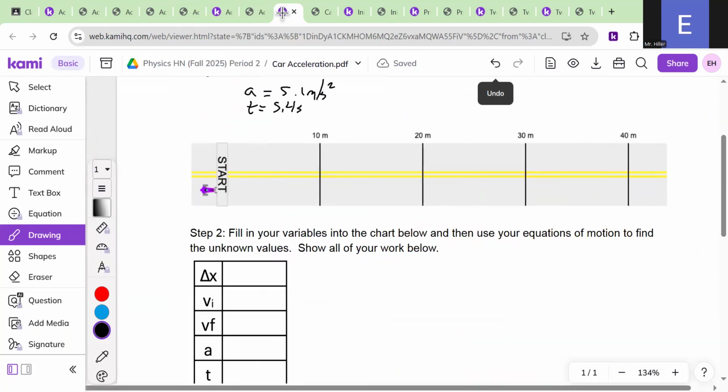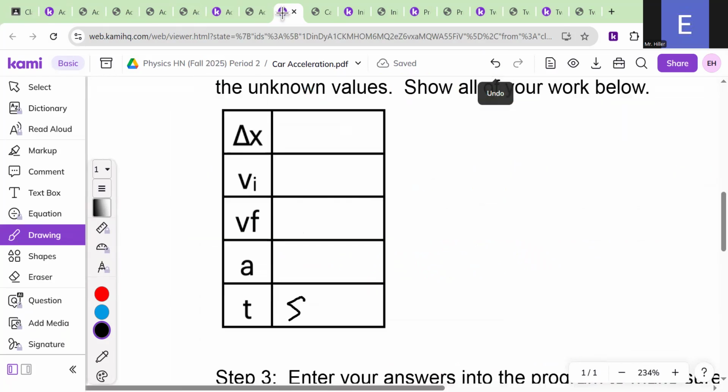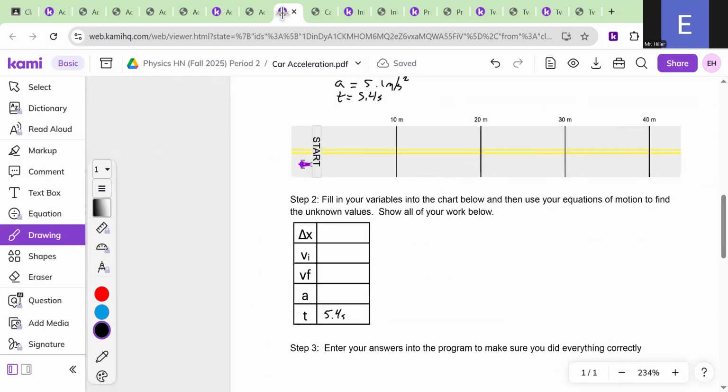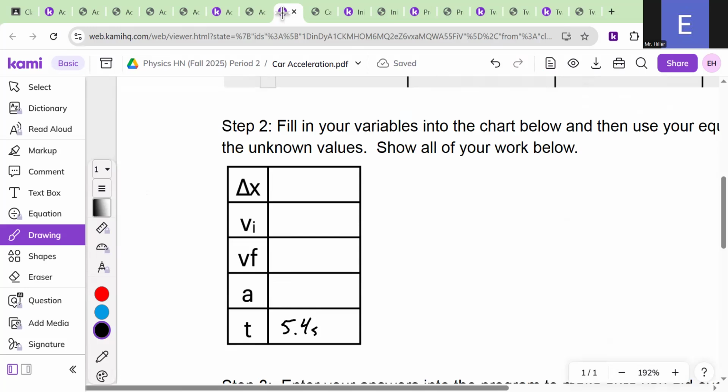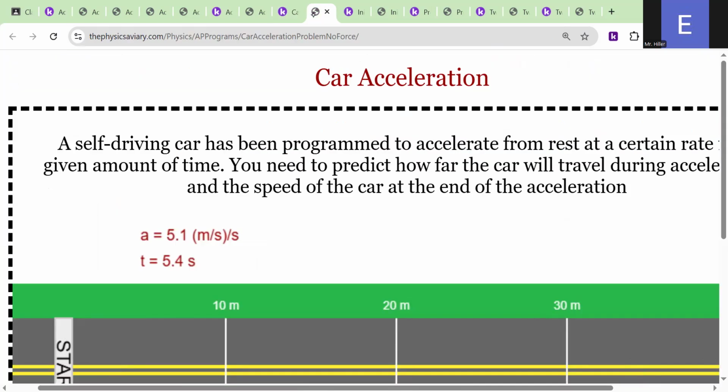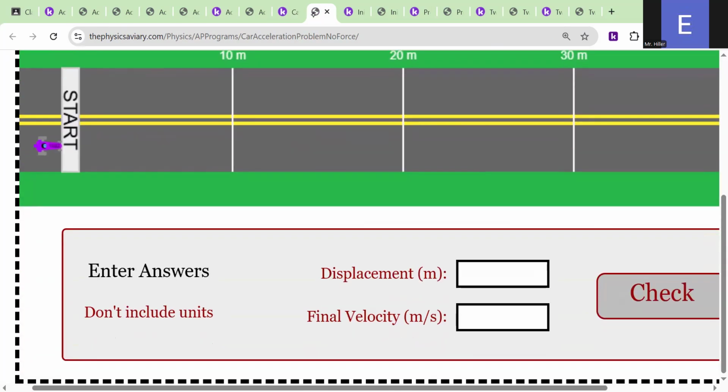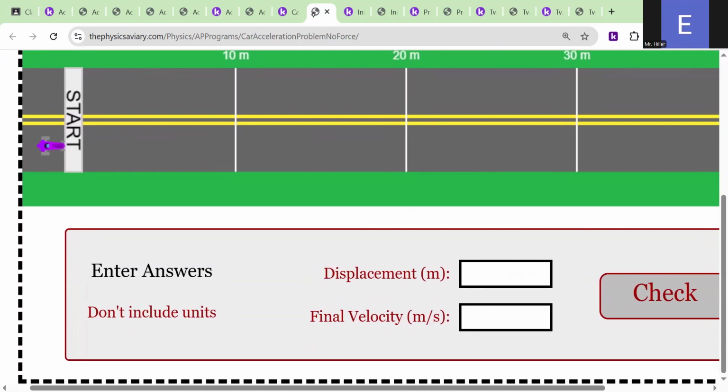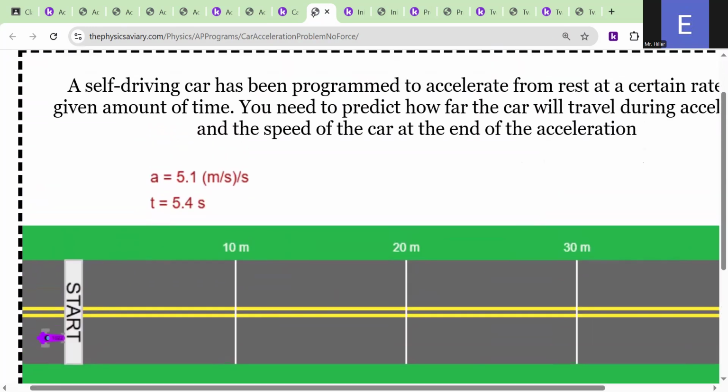So I'm going to fill out the information that I know here: 5.4 seconds and 5.1 meters per second squared. Okay, perfect. Now what I'm going to do is predict the displacement and the final velocity. When I go to check, the car will run and it will check my answer.